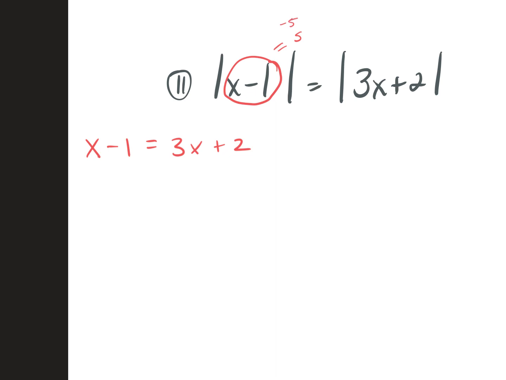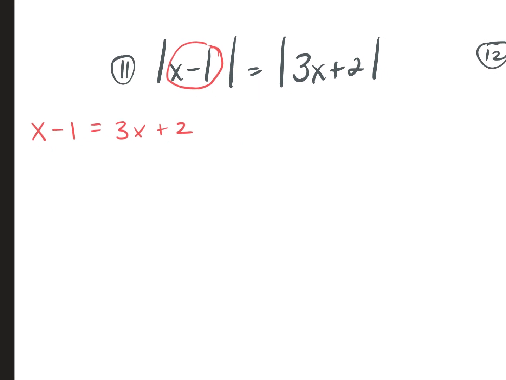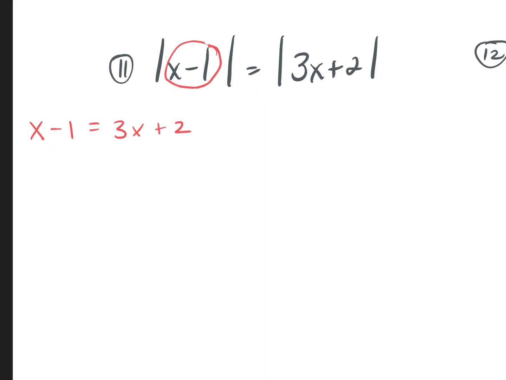So we also have to make 2 equations here. But one of them we just have to turn negative. So if we have x minus 1 equals 3x plus 2, our other equation has to be x minus 1 equals negative 3x plus 2. So these are 2 equations here.